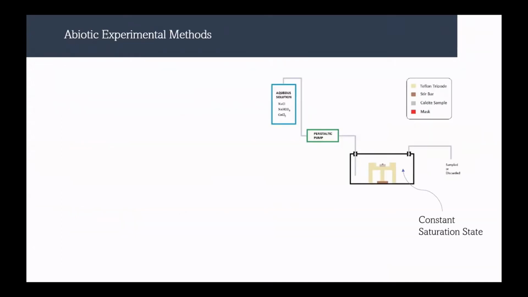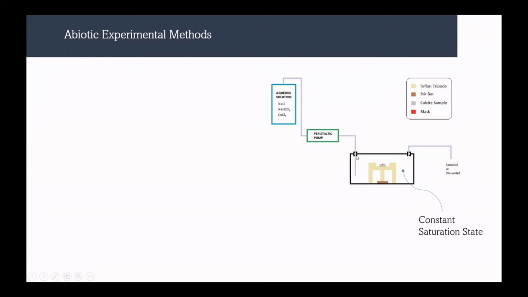So let's start from the abiotic experiments. The setup is a flow-through system. So the idea is to have a flowing fluid which goes in and out the reactor in order to maintain within the reactor a constant saturation state.